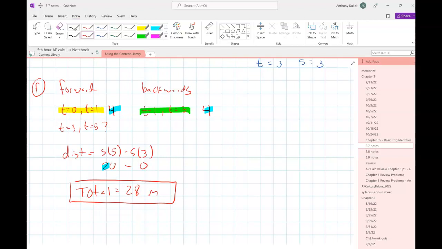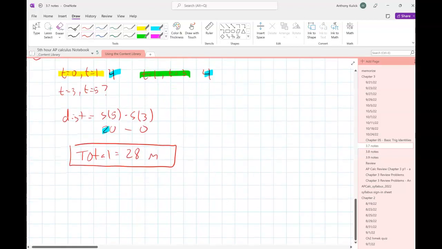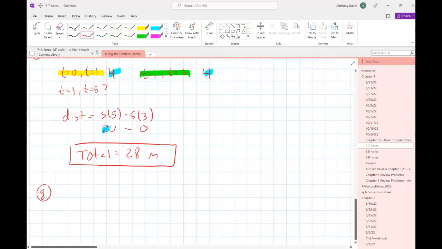And then part G says to find the acceleration at time t equals 4 seconds. What is acceleration? It's the second derivative of position, or really the first derivative of velocity. Either way of thinking about it is fine.